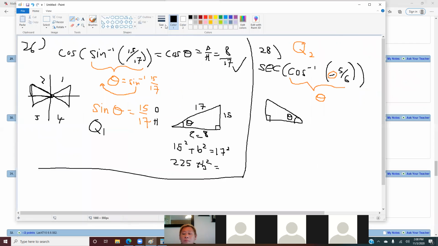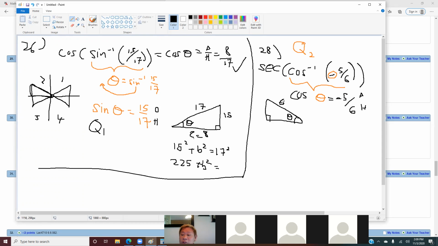Anyone? Cosine theta is negative 5 over 6. And anyone know cosine is which one? The adjacent over hypotenuse. The hypotenuse is always positive, so 6.